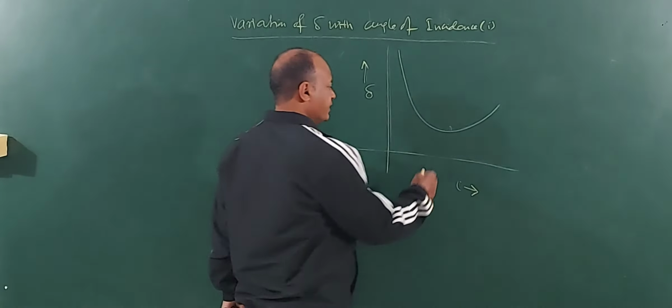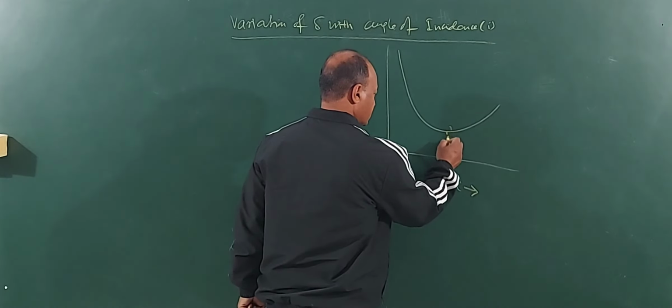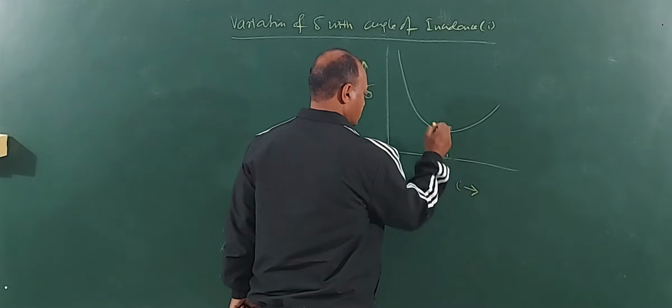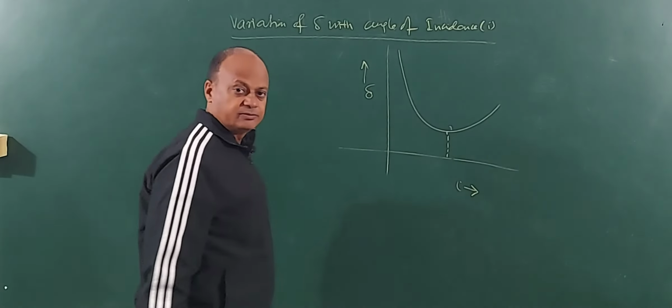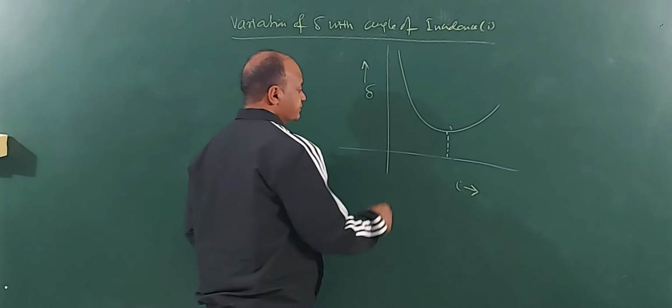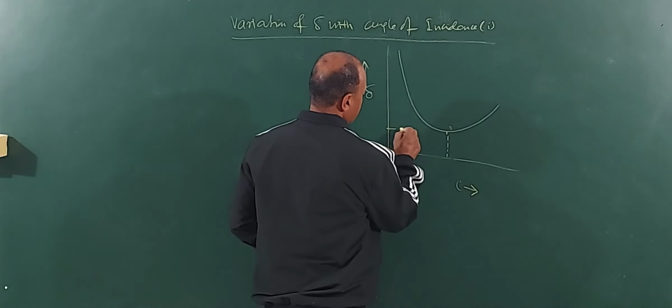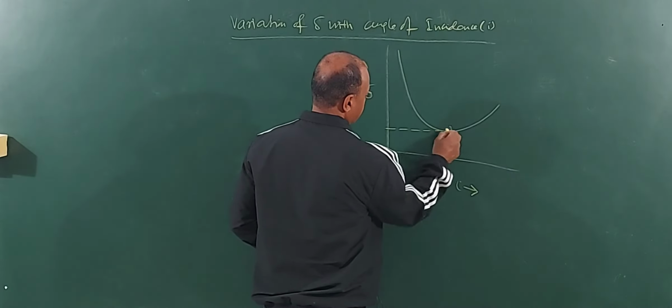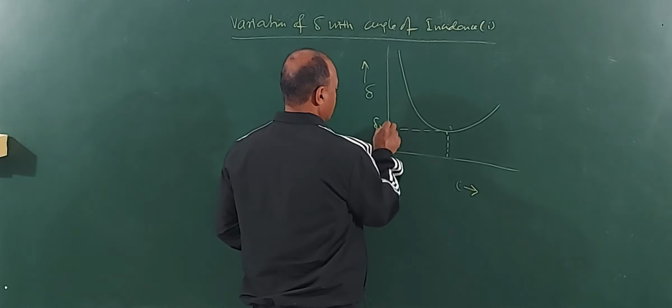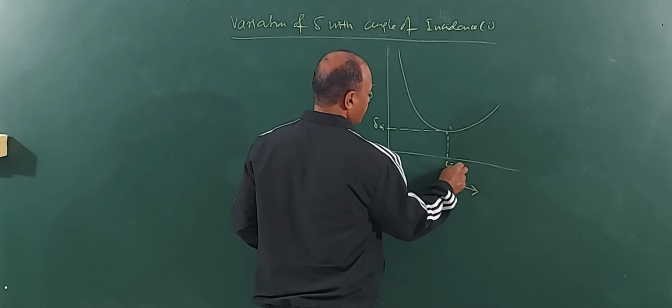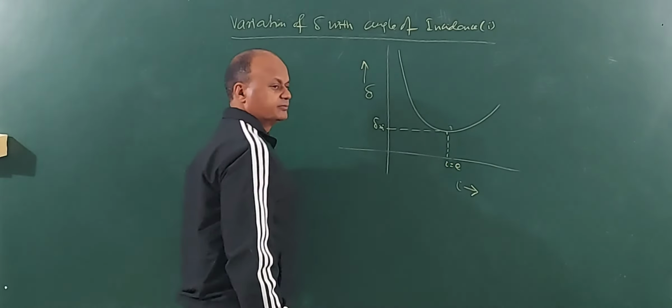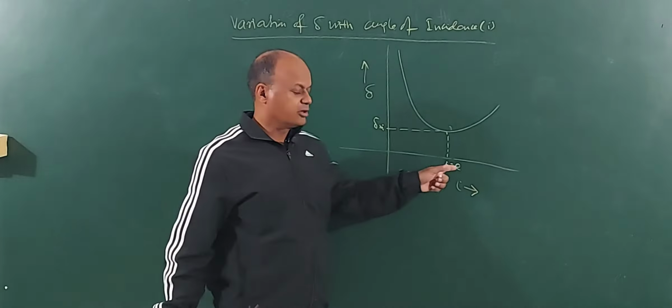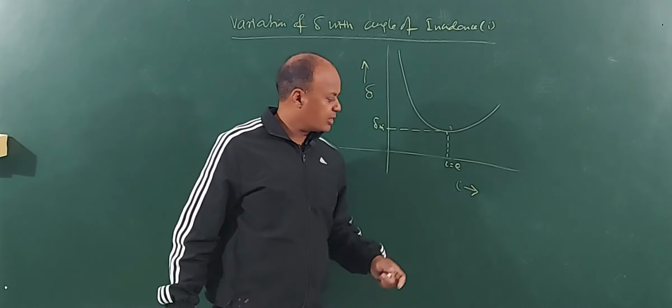And for a certain value of angle of incidence, angle of deviation becomes minimum. At this point we know I will be equal to E, meaning angle of incidence will become angle of emergence.